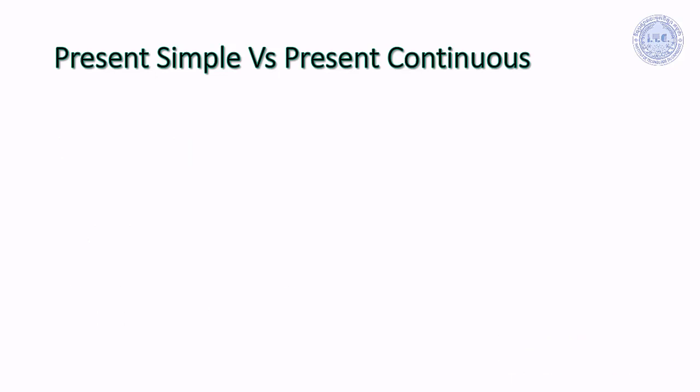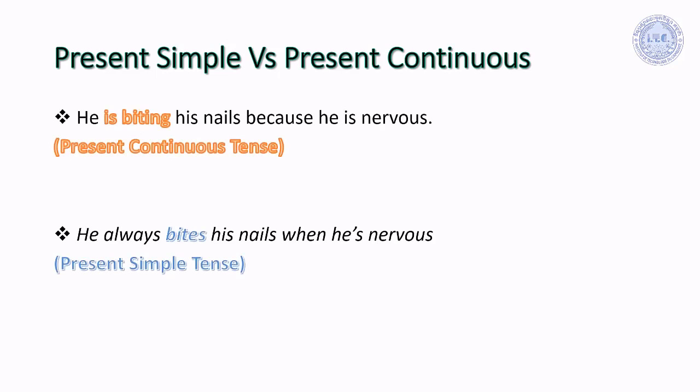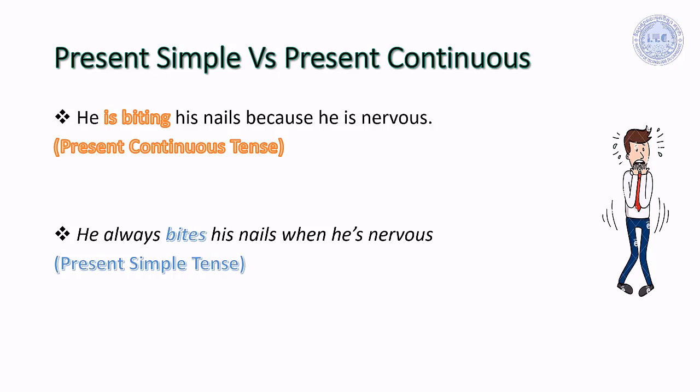So now let's look at this cartoon. What is he doing right now? Yes, he is biting his nails because he is nervous. The first sentence shows the action that is happening right now. He is biting his nails.